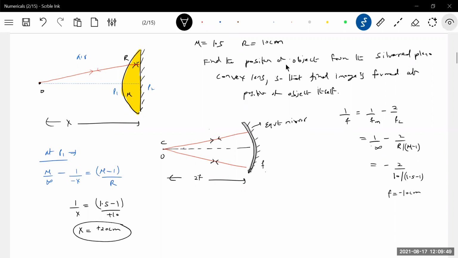So only student means when plane surface is silvered, the rays must be incident normally on the plane mirror. This is one methodology. Or else still you can replace this with an equivalent concave mirror, then start working out. If the object is kept at center of curvature, the image will be formed there only. So we'll get both the things same. This is another method.